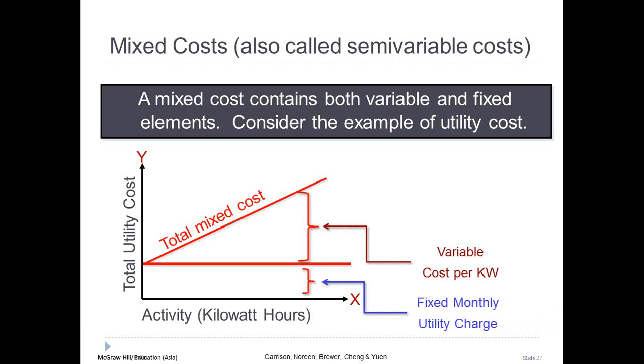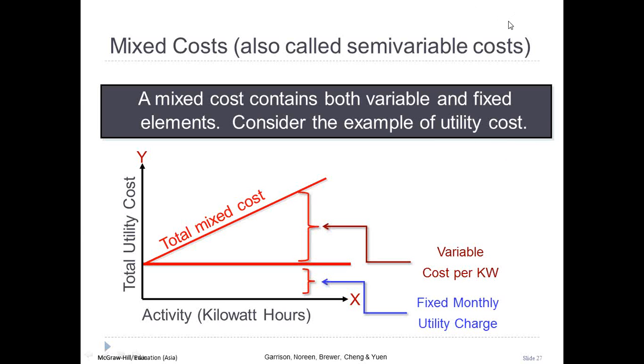Get the next slide. Let's talk about mixed costs, which are also referred to as semi-variable costs. And in this, we see kind of a difficult pattern, but as we talk it through, I think you'll understand it.